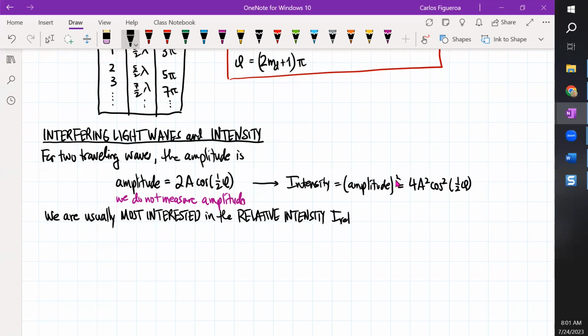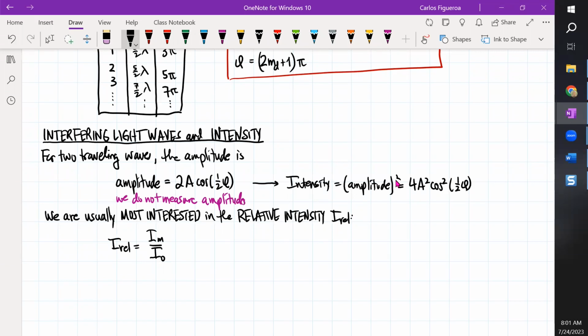I relative. So what does that mean? Let's look at this carefully, because a lot of people have a tendency to mess this up. So the relative intensity is going to be the intensity at some location divided by the initial intensity, okay?